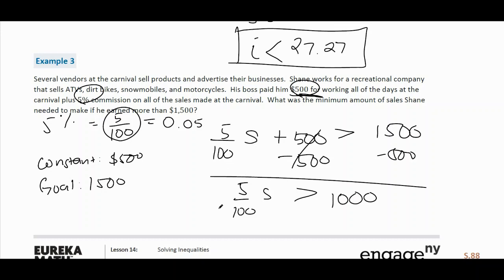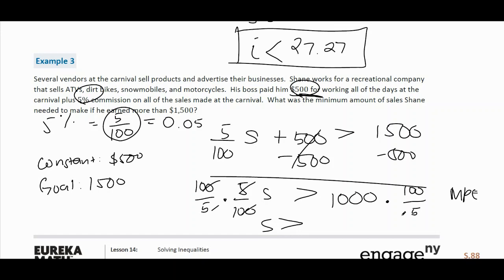$1,000. Now, because this is a fraction, make sure that you use the multiplication property of inequality, wherein we need to get the reciprocal of 5 over 100, which is 100 over 5. And we also, of course, multiply that on the other side. So S is greater than.